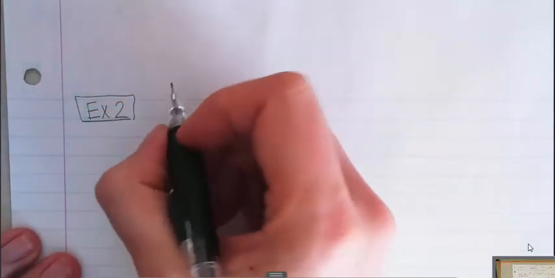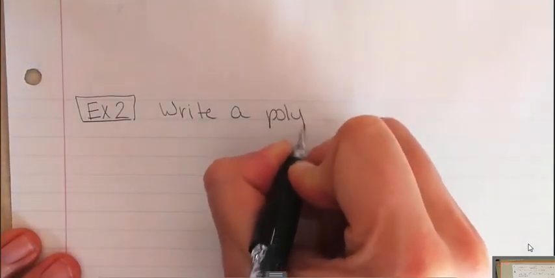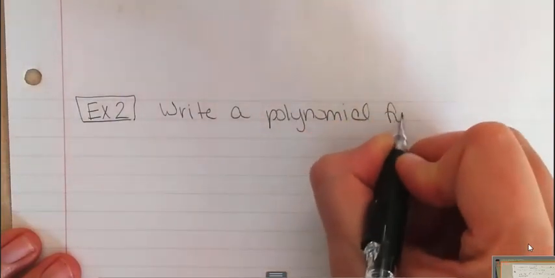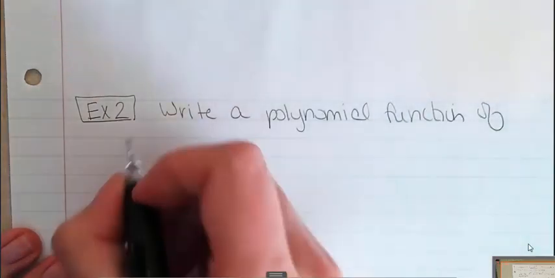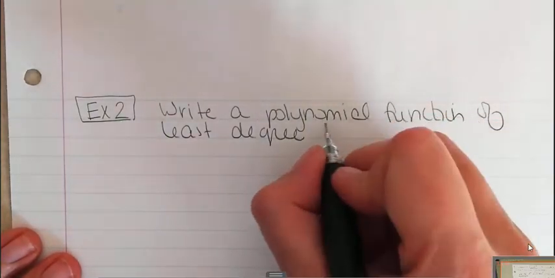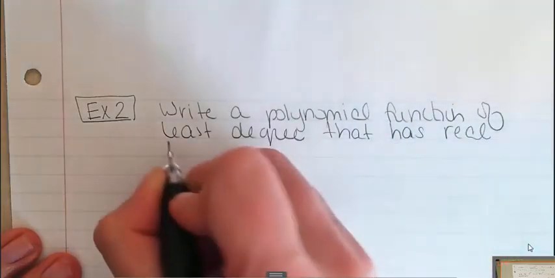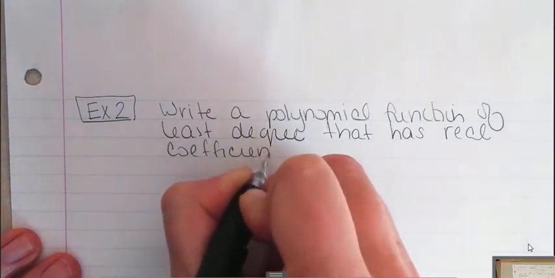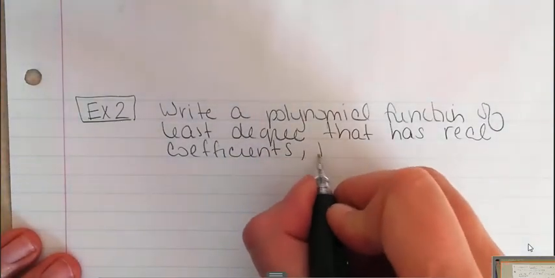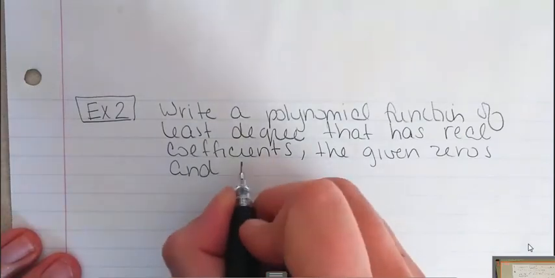Okay, example 2. We are going to write a polynomial function of least degree that has real coefficients, the given zeros, and a leading coefficient of 1.